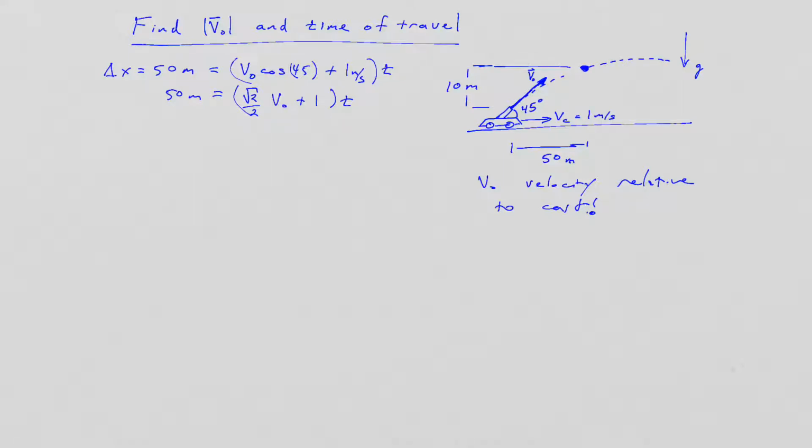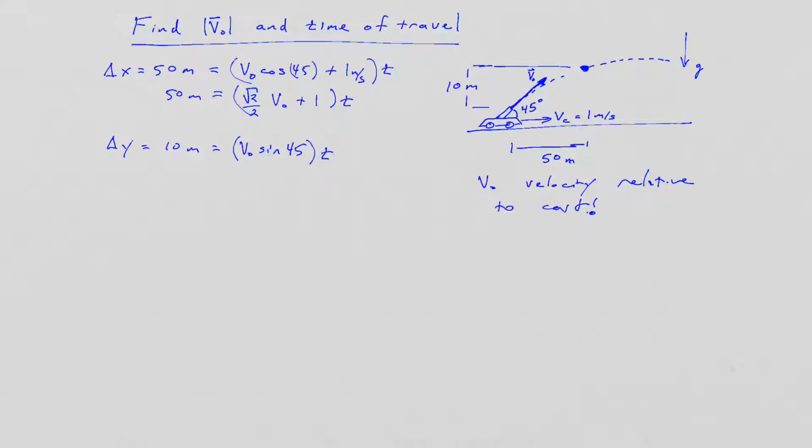Now let's do the y direction. So the y displacement in this case is equal to 10 meters. And similarly, we set up an equation of motion, but now we have to think about gravity. So in that case, the equations translate to V0 sine 45, that's the vertical component of the velocity, times the time that it travels.